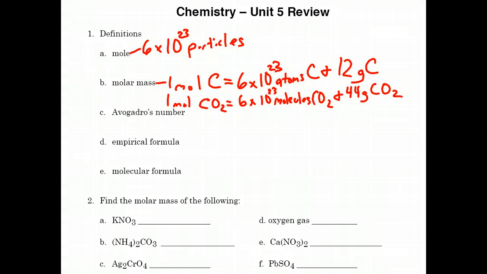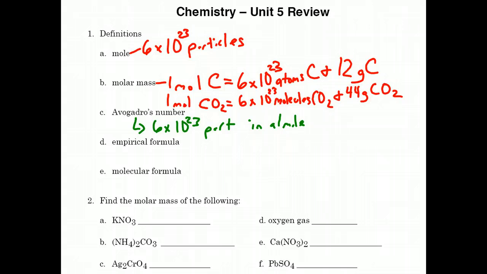Okay? And Avogadro's number is just the idea that there are 6 times 10 to the 23rd particles in a mole, or 1 mole.